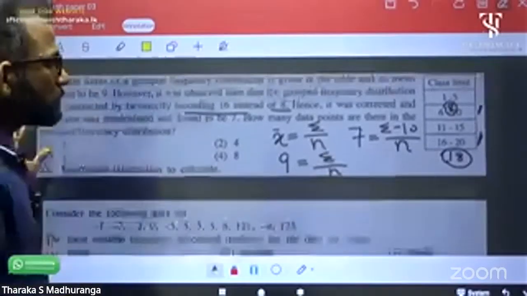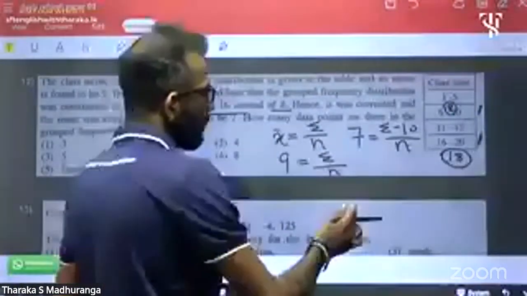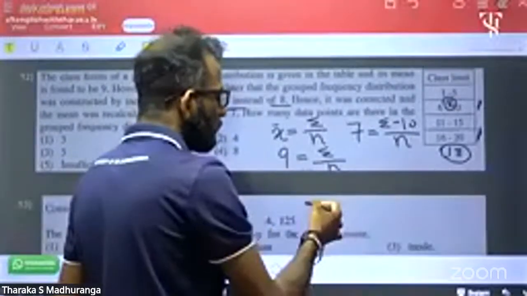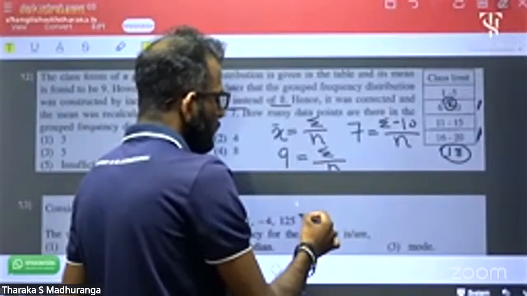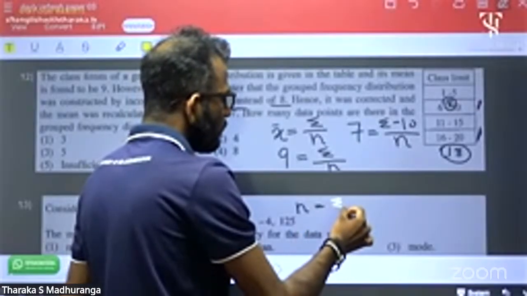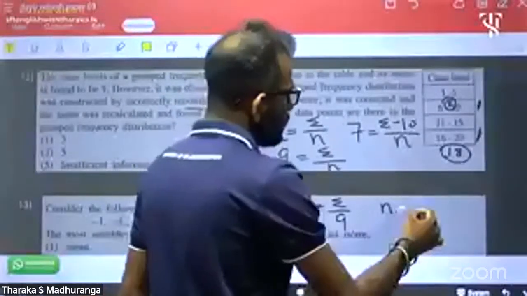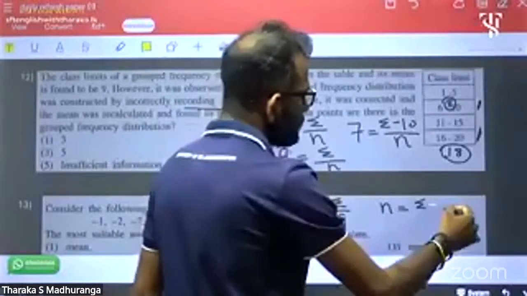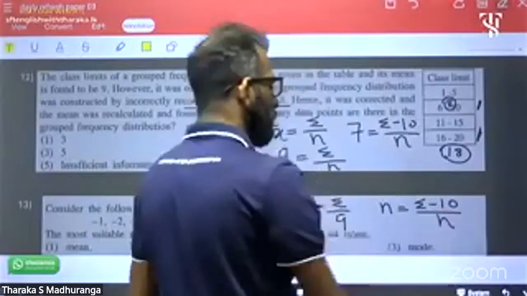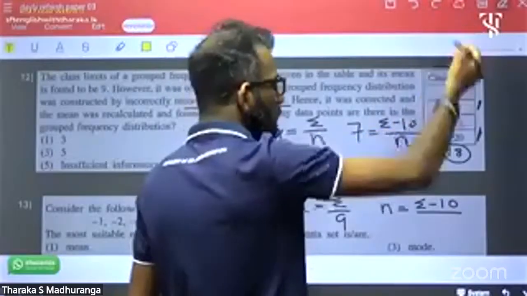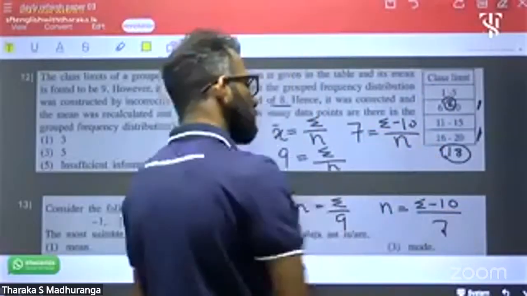Okay. Now, if you want n, isolate it from both equations. n equals sigma over 9, and n equals sigma minus 10 over 7. Not 9, 7.